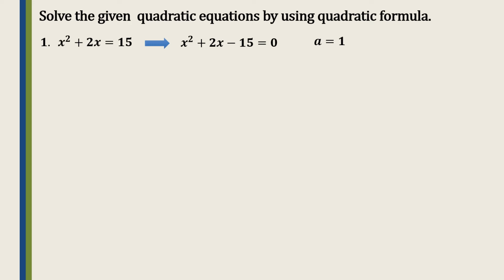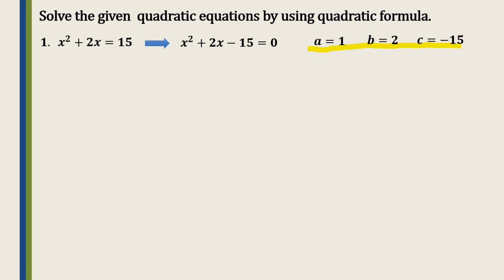Ang value ng A ay 1. Ang value ng B ay 2. Ang value ng C ay negative 15. Bakit kinuha natin ang value ng mga letters niyan? Gagamitin kasi natin sa pag-solve ng quadratic equation using quadratic formula.